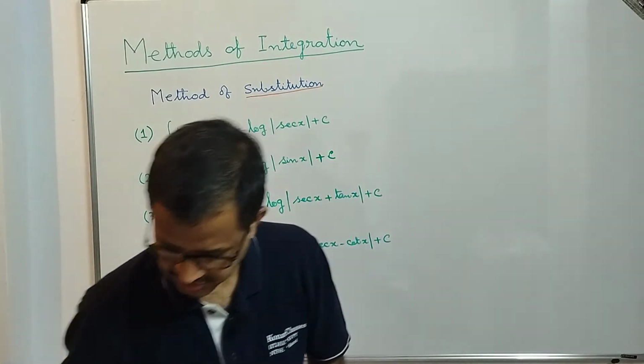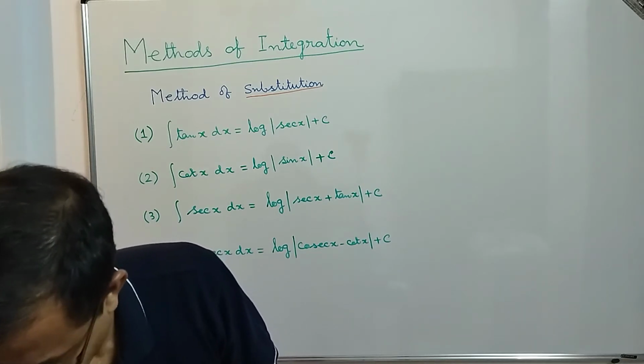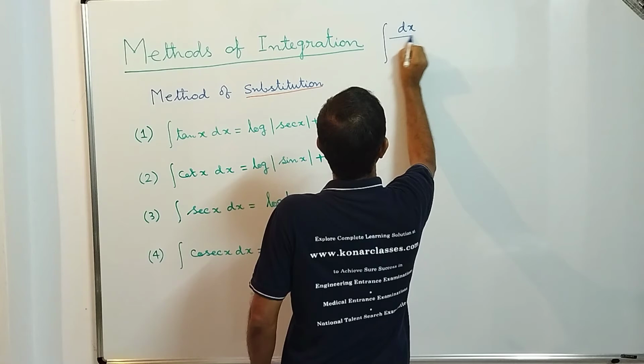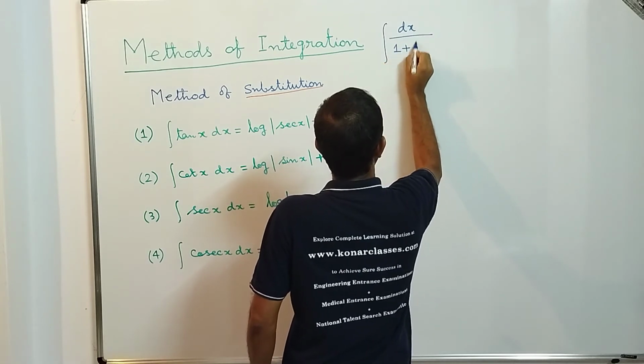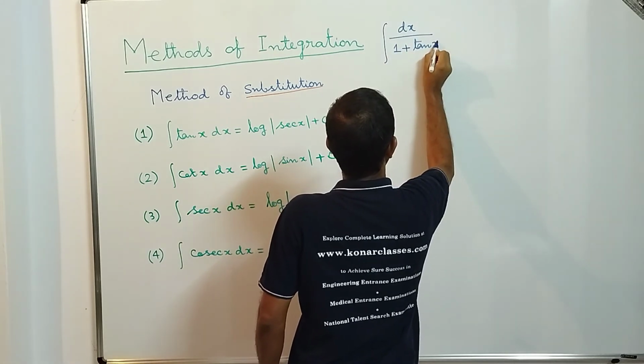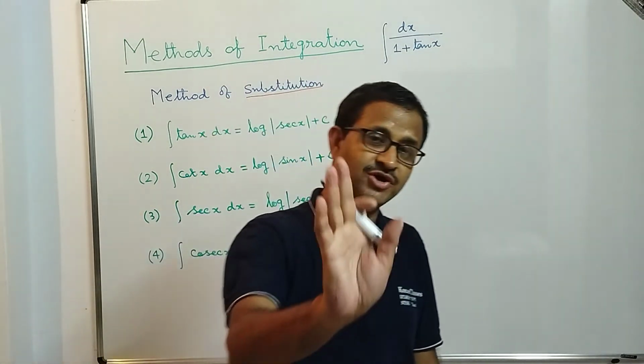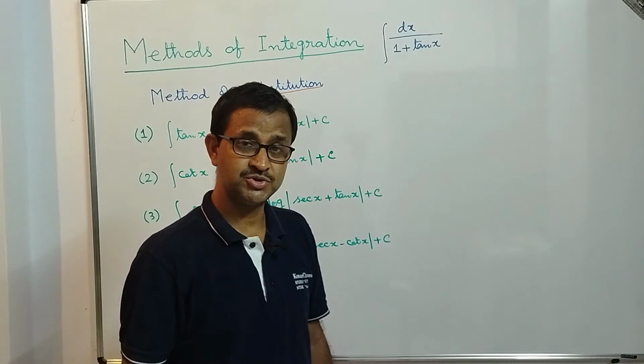Okay, the question here is the integration of dx by 1 plus tan x. Now 1 by 1 plus tan x is not directly integrable. Then what should we do?